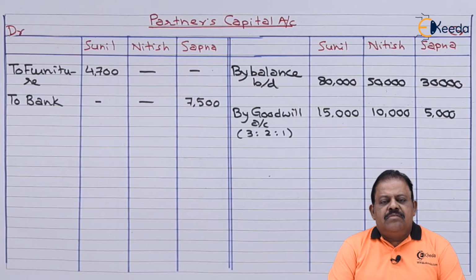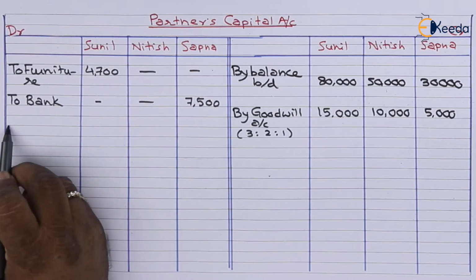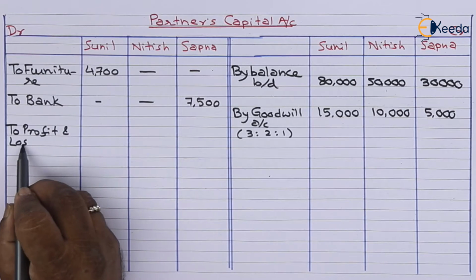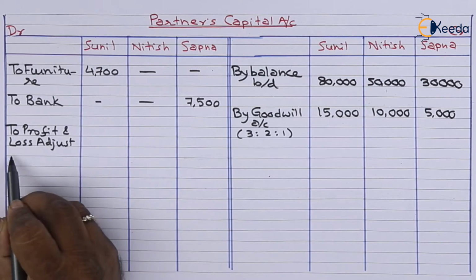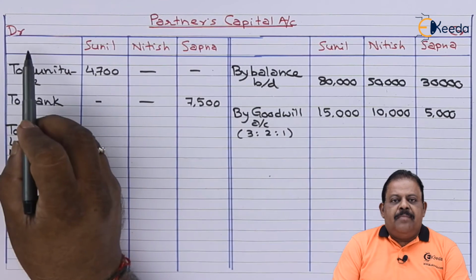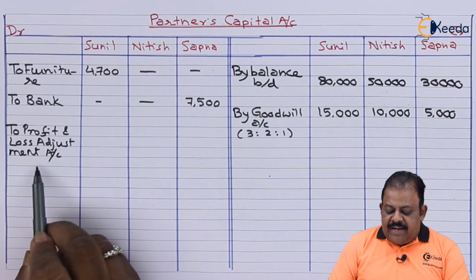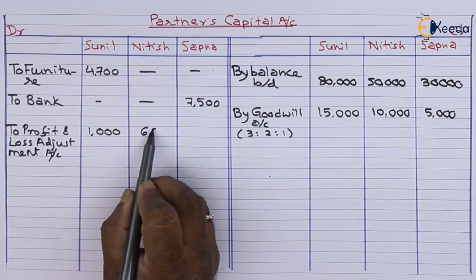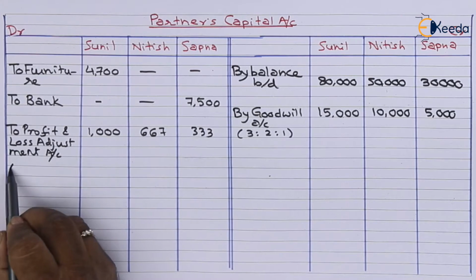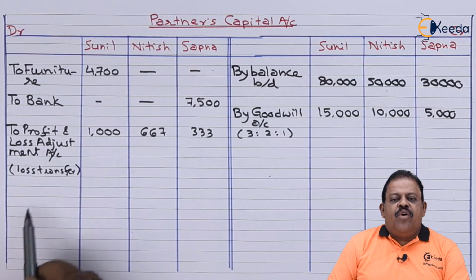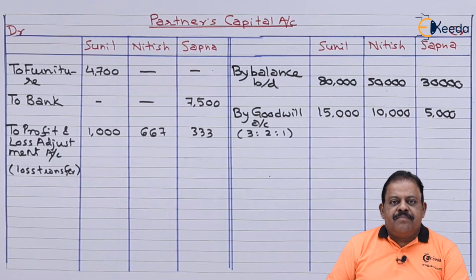This will be transferred to partners capital account debit side. Partners capital account debit to profit and loss adjustment account, this is for loss transferred.